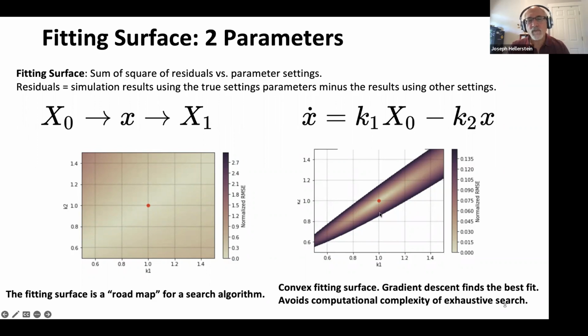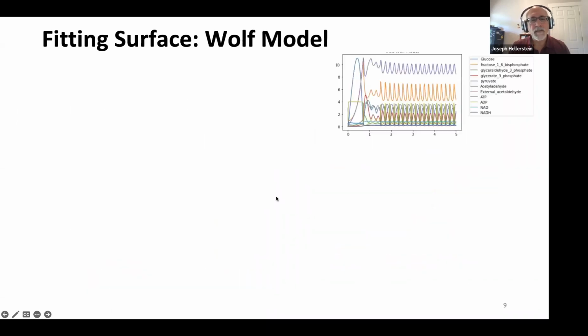I mean, one of the key mathematical properties of a convex surface is that the local minimum, if you just move locally, and that's what you're doing, moving locally through the space, is the global minimum. And that's a very powerful characteristic, that you can actually find the global minimum, the best value, just by moving locally. That's what a convex surface gives you, and what gradient descent will do for you.